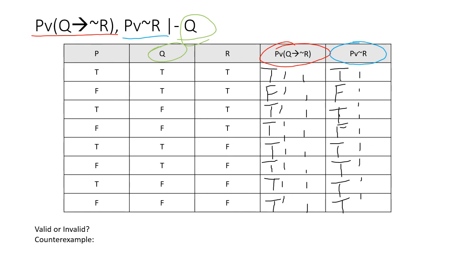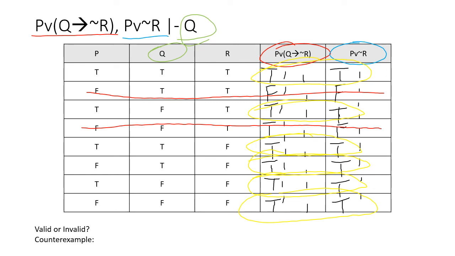And now we can determine the validity of the argument itself. Here's an instance in which we have true premises across the board. So it looks like we only have two lines that we can eliminate, these two.